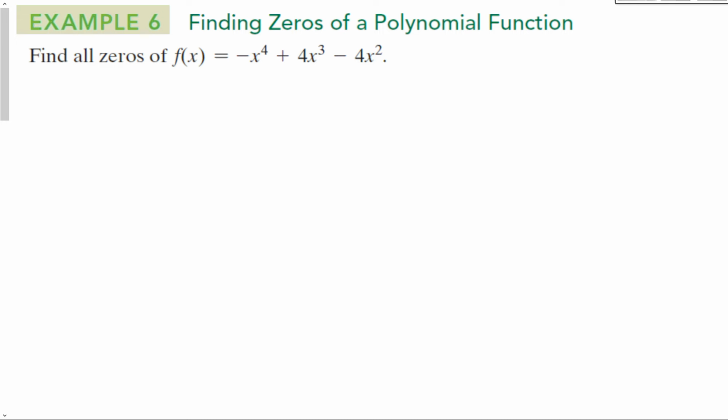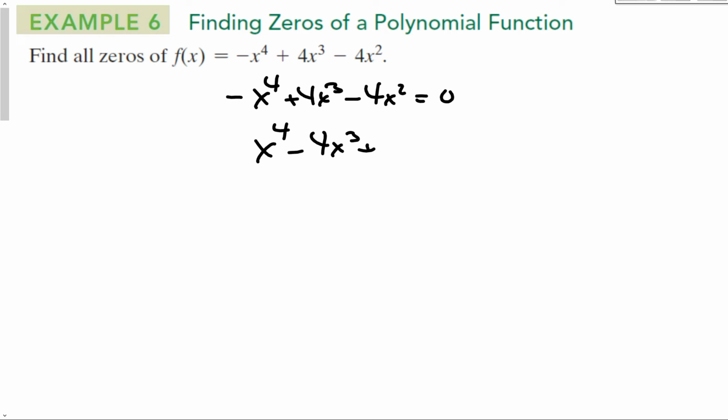Okay. So with this problem, if I want to factor it, which I can, I should always factor out the negative first, okay? And in fact, my first step should be to set it equal to 0. So I can multiply both sides of this equation by negative 1 and make this much easier to solve.